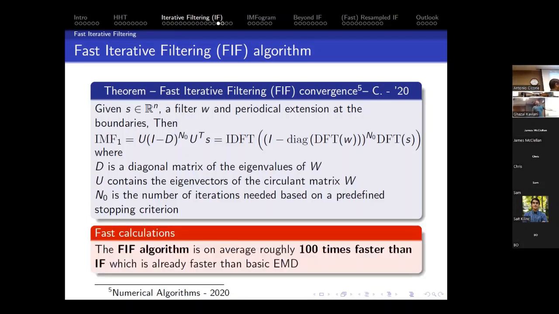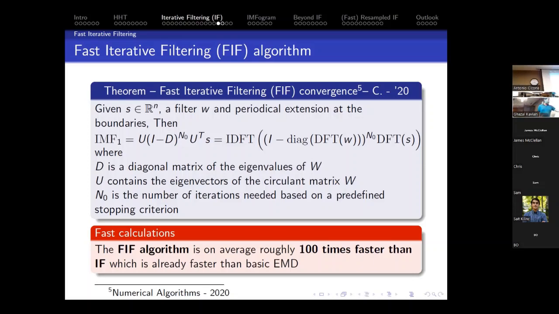Now, keep in mind, FFT is extremely efficient. So we were able to speed up 100 times the classical iterative filtering, which was roughly the same speed as EMD, with the extremely nice property that now EMD was not stable. You need to stabilize it at the cost of, as you remember, introducing a lot of noise. And so that will require perturbation of the signal.